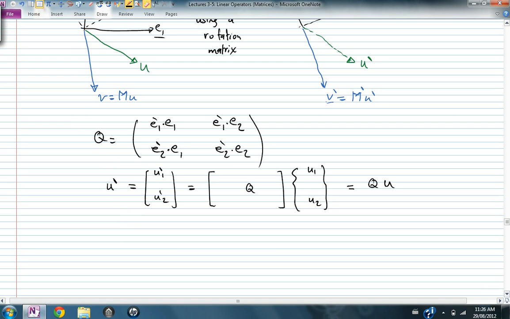Now what about v prime or M prime? Well, I know that v prime is equal to M prime u prime, which is equal to M prime Q u, because I know that u prime is equal to Q u. But at the same time, I want v prime to be equal to Q v, because v prime is v expressed in the new coordinate system.